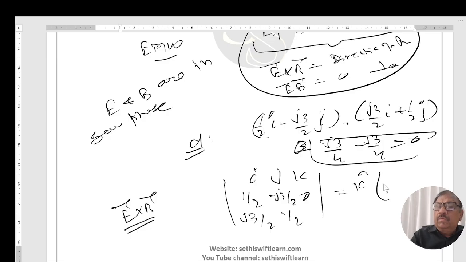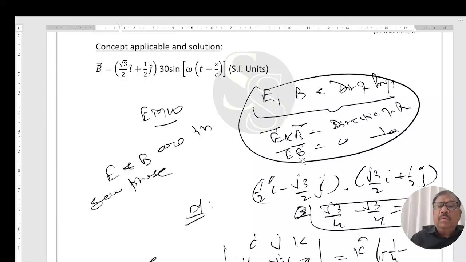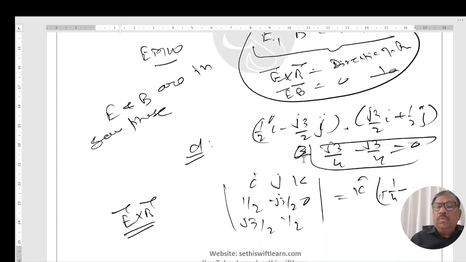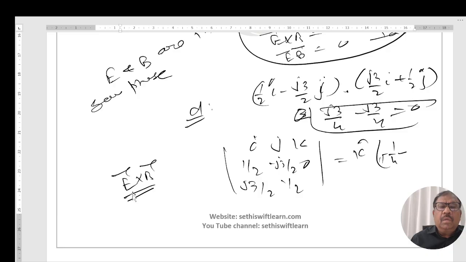This comes out to minus 1/4 plus root 3/4, that is, along k. E cross B is 1/√2 times that.